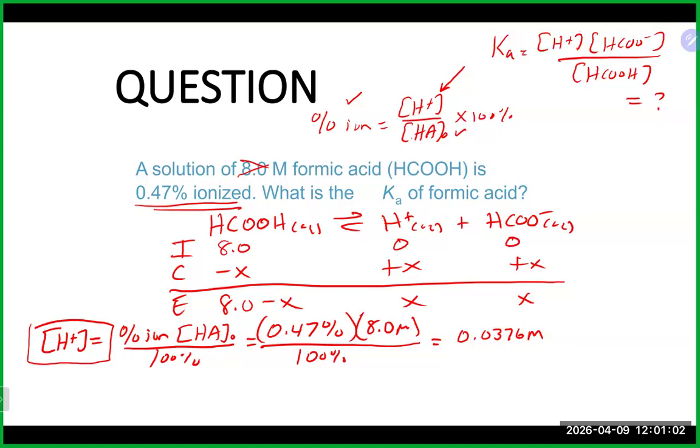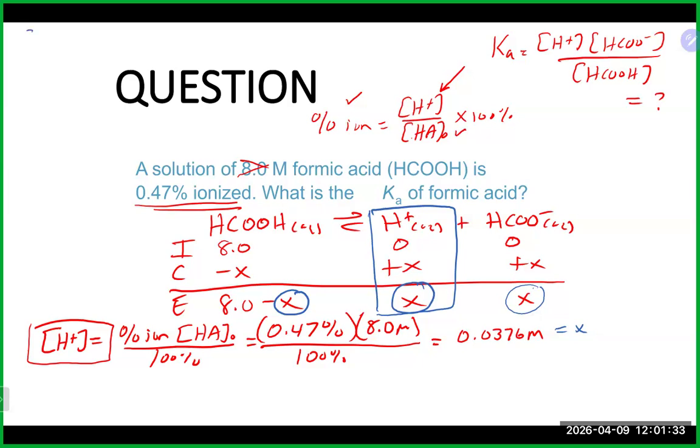If we look at our ICE table, we can see that at equilibrium, the H plus concentration equals x. Because it equals x, the value we just calculated is also that x, and also that x as well. So from the ice table, that is what x equals. Now that we're able to use the percent ionization to figure out the H plus concentration, and ultimately what x, the change, is, we can get values for everybody at equilibrium.